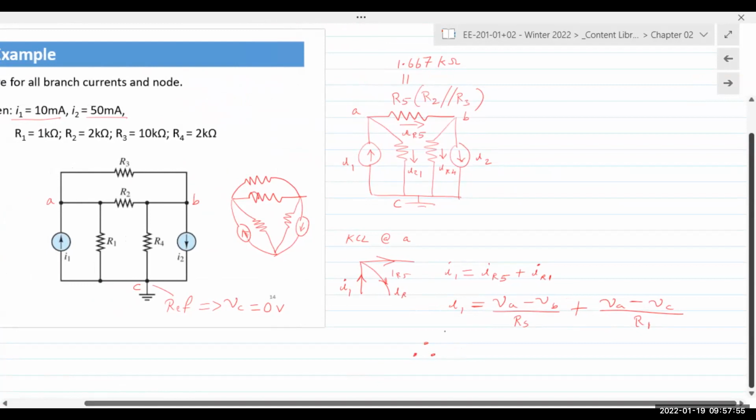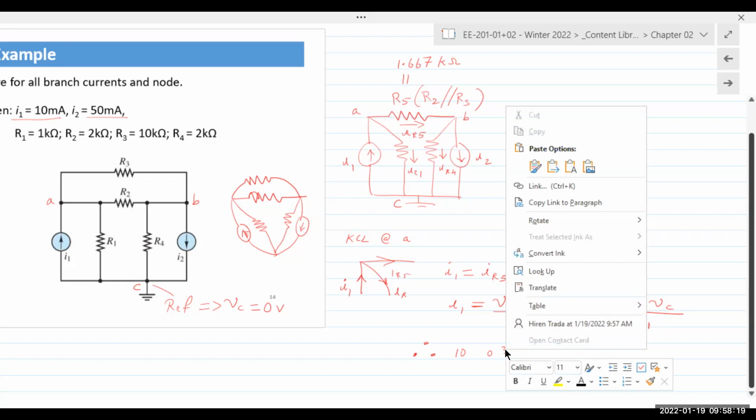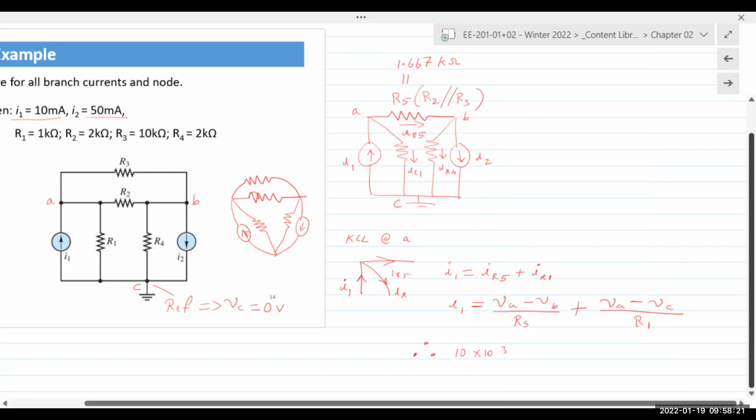So 10 milliamps. And then I have VA minus VB divided by R5.